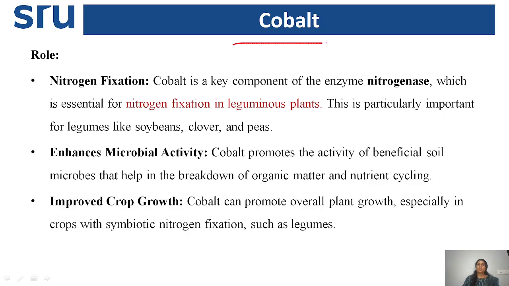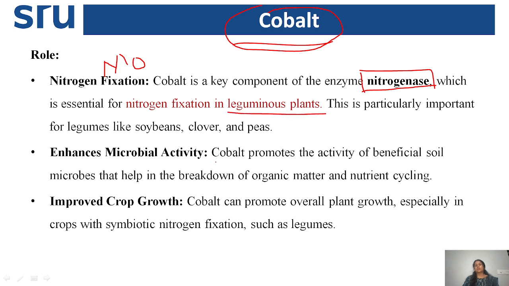Coming to cobalt, not only molybdenum, but cobalt also has a specific role in nitrogenase, that is the biological nitrogen fixing enzyme. This is present in leguminous plants. In leguminous plants, biological nitrogen fixation is highly influenced by cobalt.